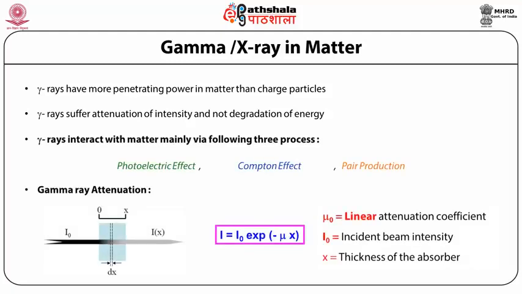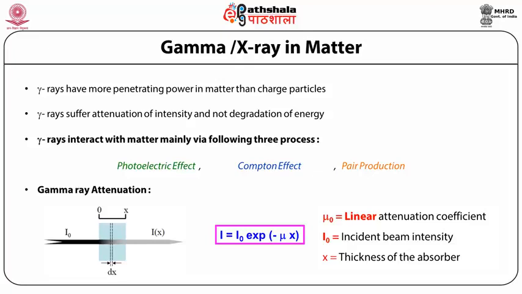Gamma rays interact with matter mainly via the following three processes: photoelectric effect, Compton effect and pair production. So from this discussion it is clear that the behavior of gamma rays on interaction with matter is completely different from the way charged particles interact with matter. As we can see, when gamma rays interact with matter, they suffer attenuation of intensity.